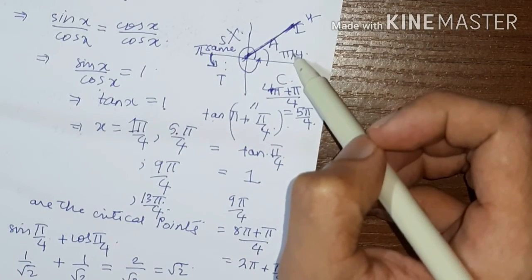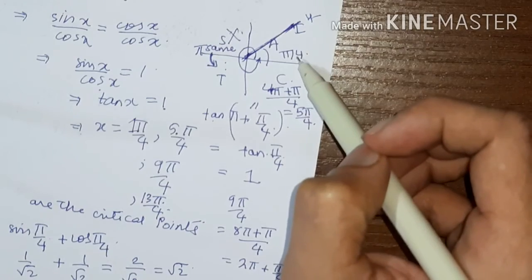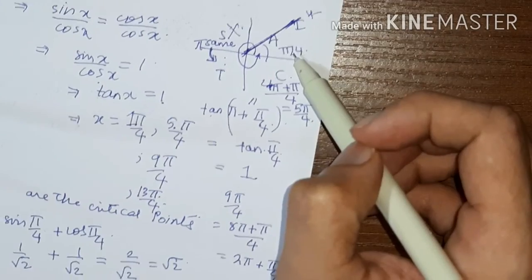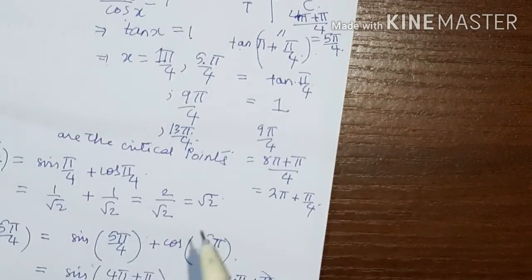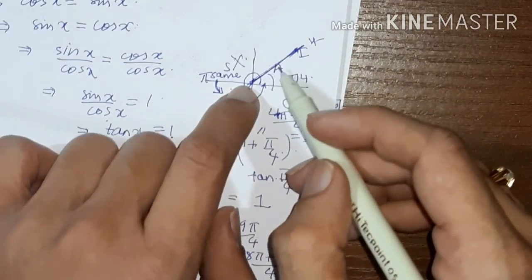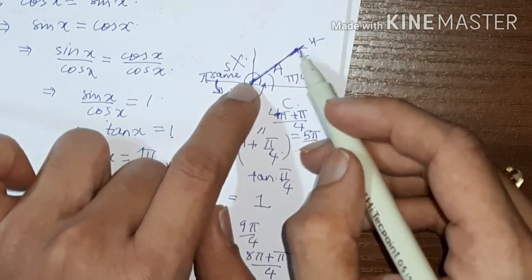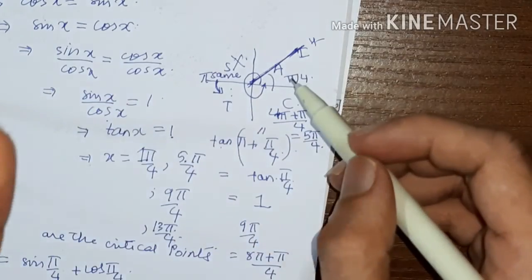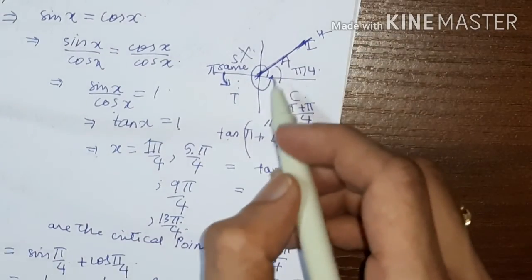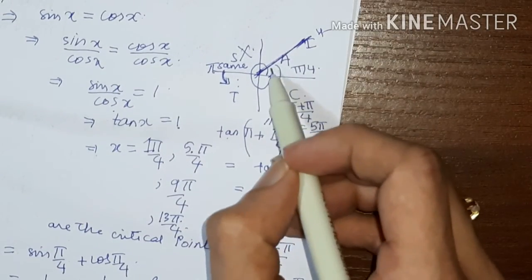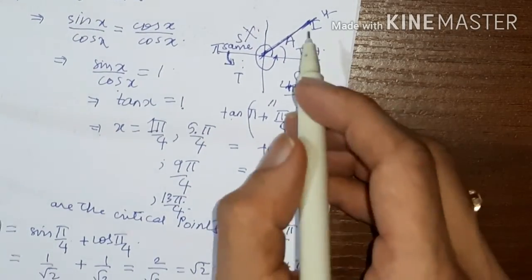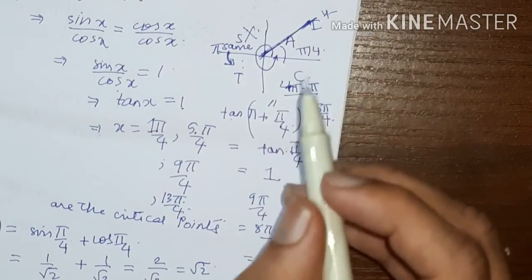The value of the function at 9 pi by 4 will be equal to the value of the function at pi by 4, because both the theta are the same in the same quadrant. In which sense? In this sense, because tan is a periodic function, so the values will repeat.